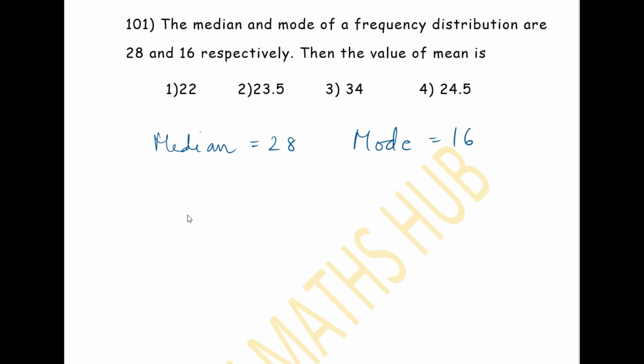Therefore, the empirical relation between mean, median and mode is 3 median equals mode plus 2 mean.